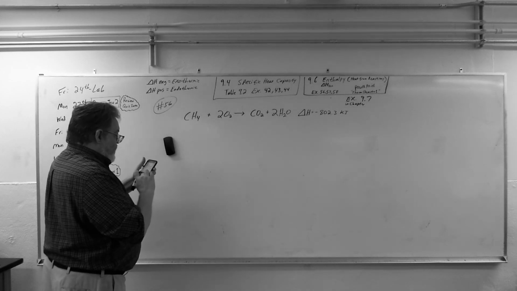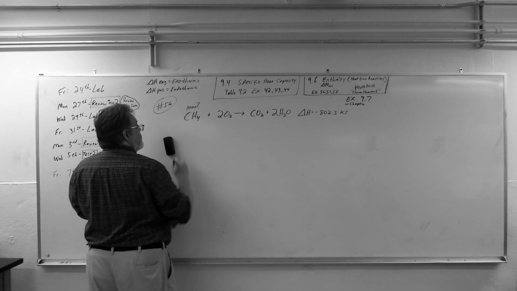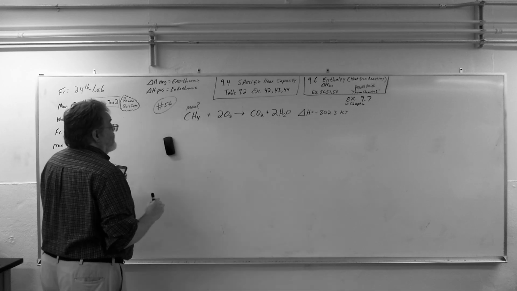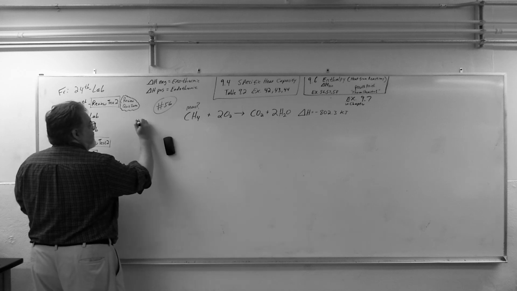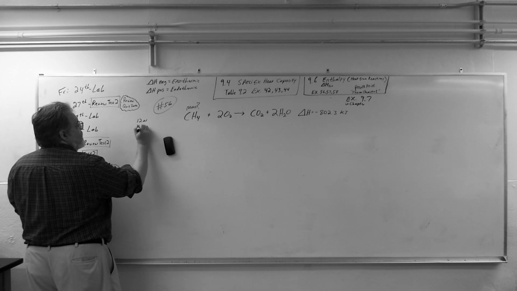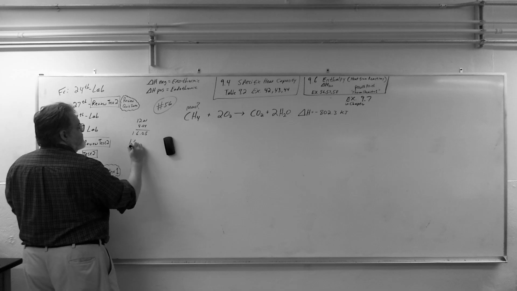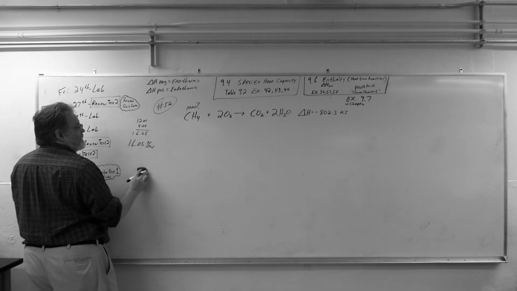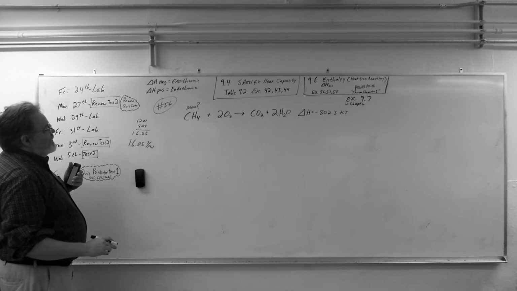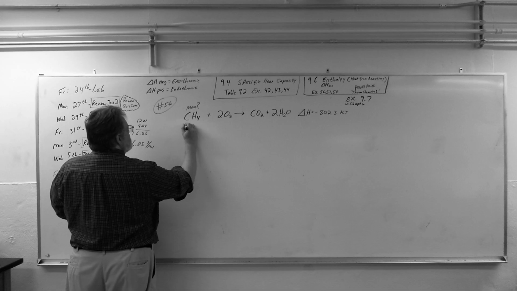And it asks you for what mass of CH4. You're going to need the grams per mole. 12.01 plus 4.04, so 16.05 grams per mole for CH4.